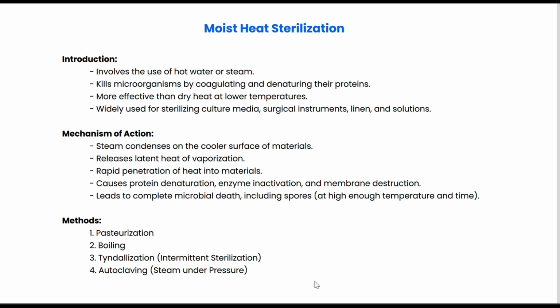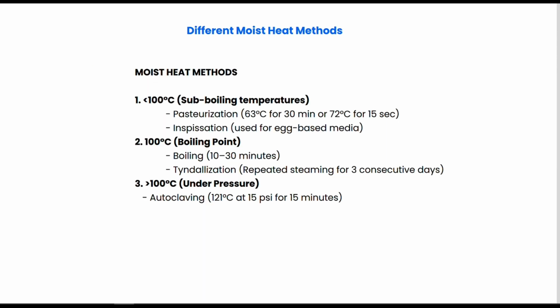like in an autoclave. Now, moist heat sterilization is applied through several different methods, including pasteurization, boiling, Tyndallization, which is also called intermittent sterilization, and autoclaving, which is sterilization under pressure. There are different moist heat techniques based on the temperature.